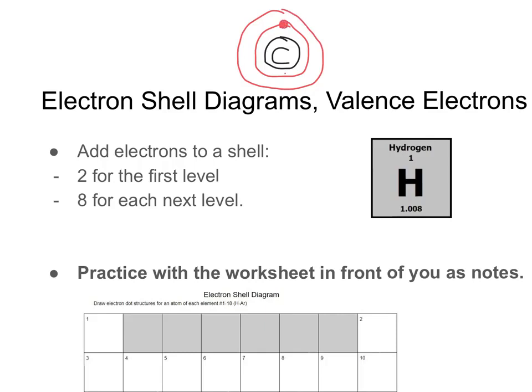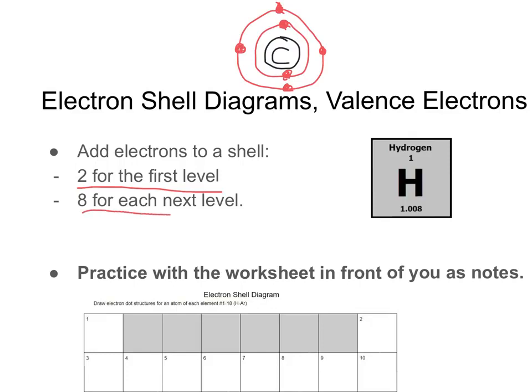Carbon has 6 electrons. And so I'm going to show this by putting 2 electrons into the first level, the first ring around there, and 8 can fit into each of the next levels. Now carbon has 6 electrons, 1, 2, 3, 4, 5, 6. This would be the electron shell diagram for our carbon atom.